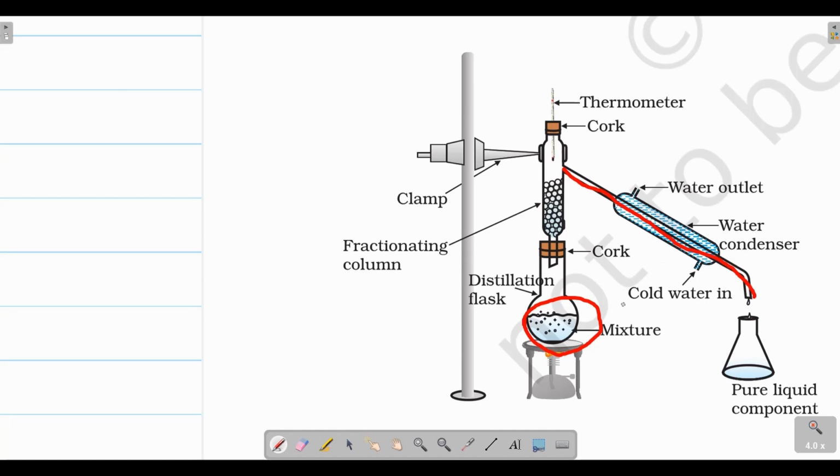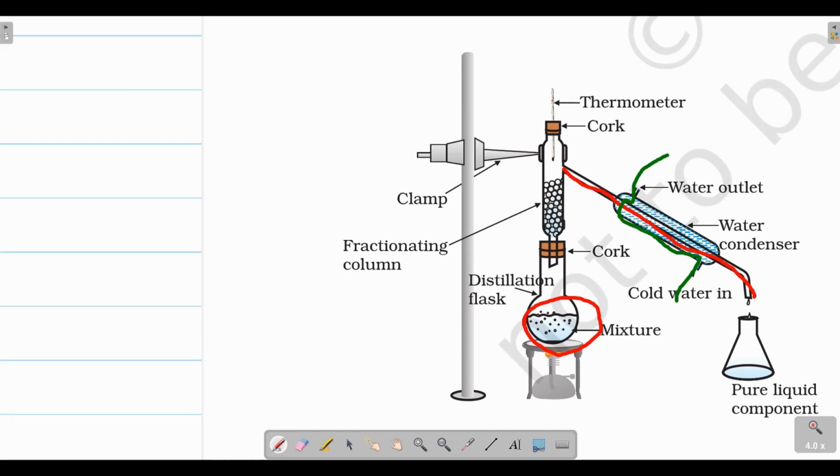So for condensing this vapor, we allow cold water to pass through the condenser, and it goes out from the second vial. So when this cold water is passing through this condenser, the heat contained in the vapor will be absorbed by this cold water.